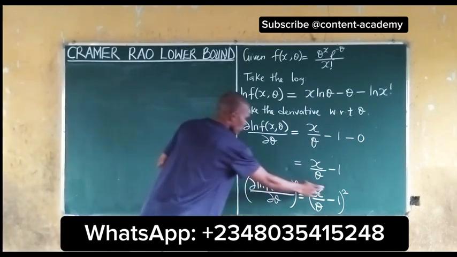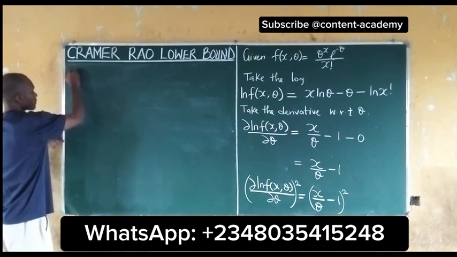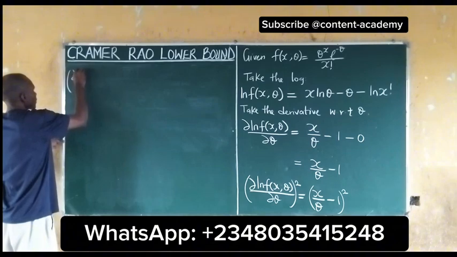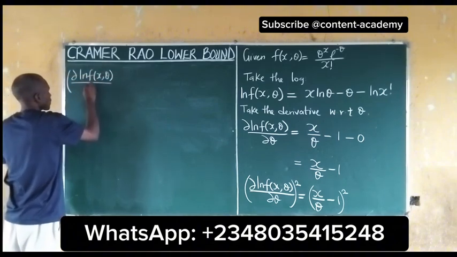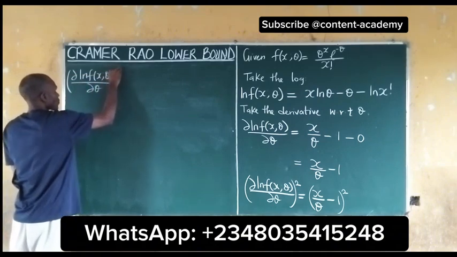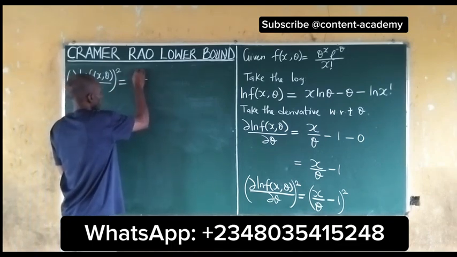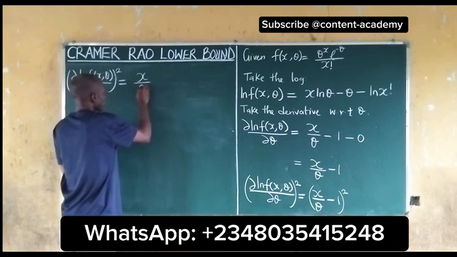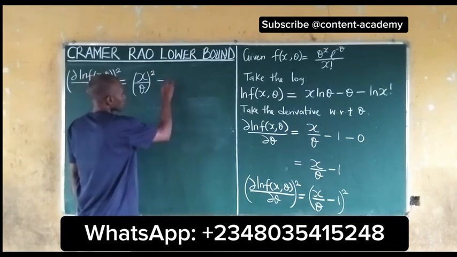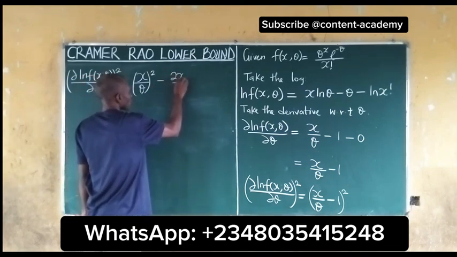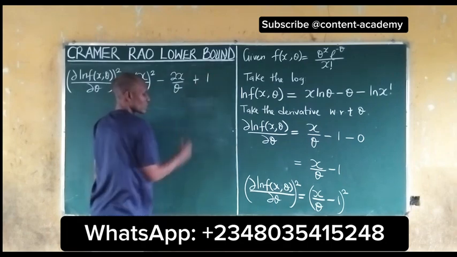So if you expand this function, we get the derivative of ln f(x, theta) with respect to theta, all squared, equal to (x over theta) quadratic minus 2x over theta plus 1, that is 1 squared.